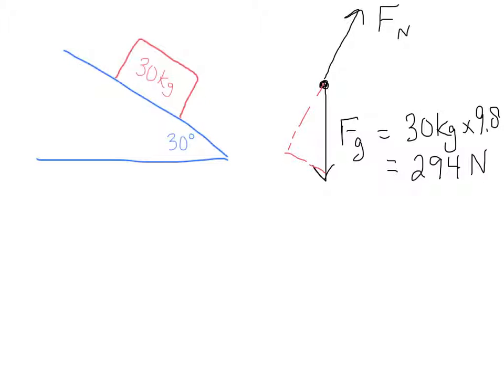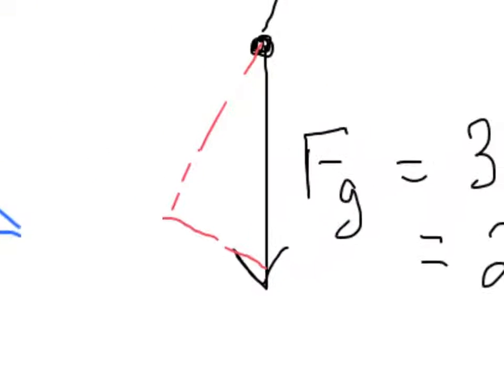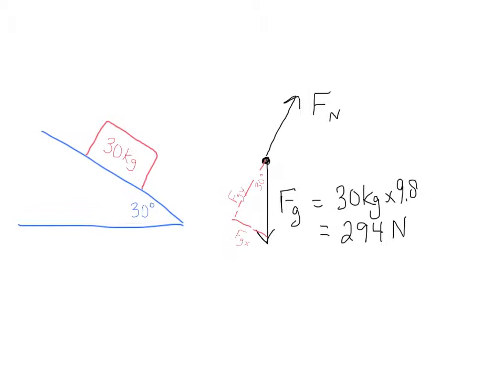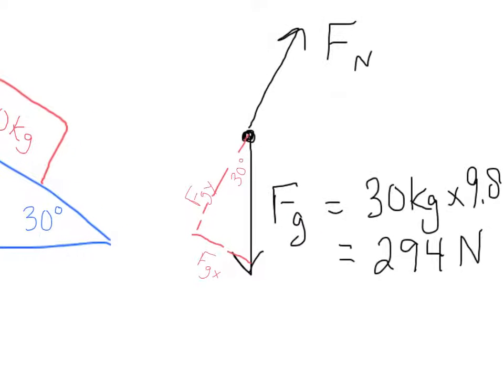What that triangle is going to do for us is allow us to divide this into components. So let me zoom in here. We're going to turn this into F_G,X and F_G,Y. And again, I know this is still a 30-degree angle. So I'm getting closer now to solving this problem.